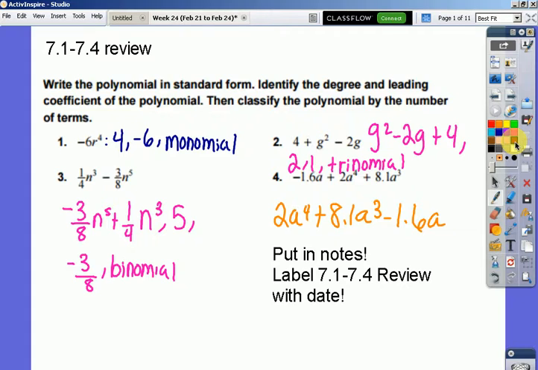Alright, so identify the degree. What is the degree? 4. Leading coefficient? Yep. 2. And then classify it. Trinomial. Okay. Do all those instructions make sense? They should. Okay. Let us move on.